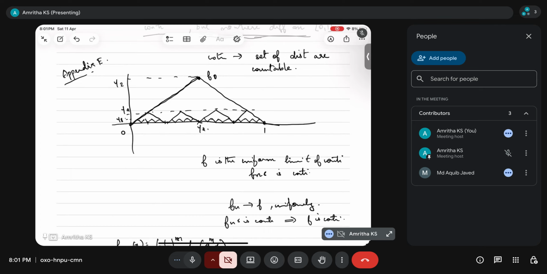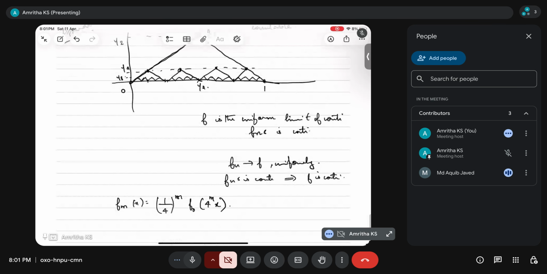These points are not differentiable here either, at 1/4, 2/4, 3/4.